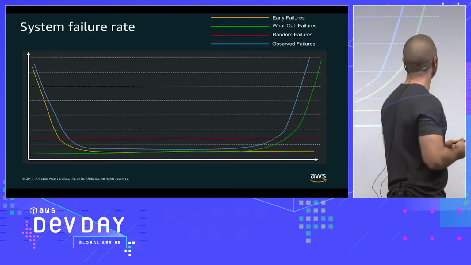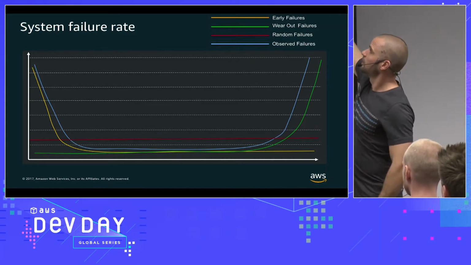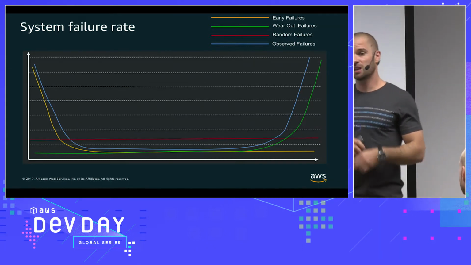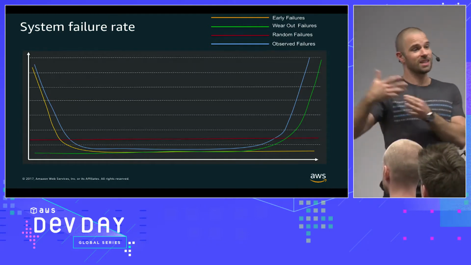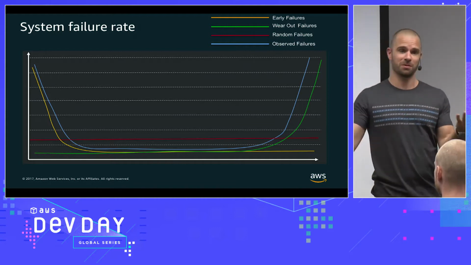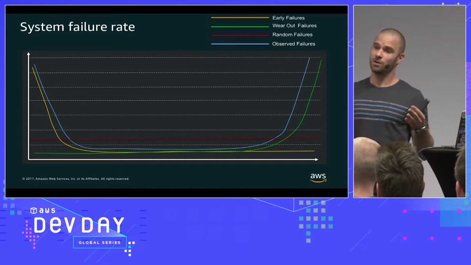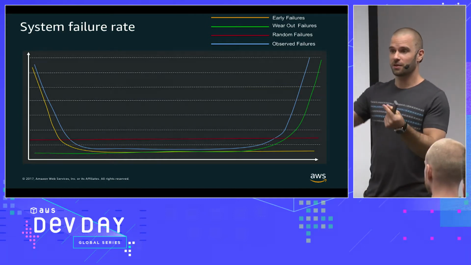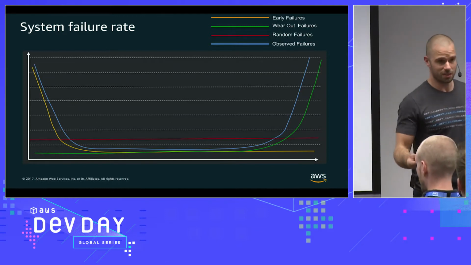The second one is the wear-out failure. For any component or system, as it ages, the failure rate increases. If you buy a hard drive, in 3-4 years the rate of it failing is going to be higher.